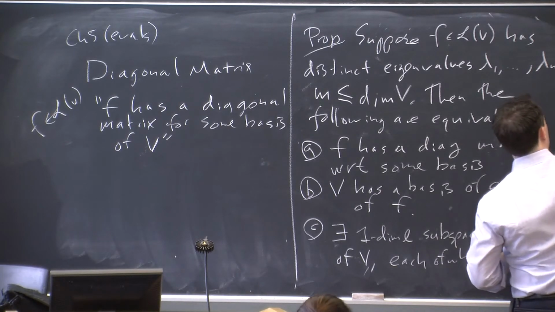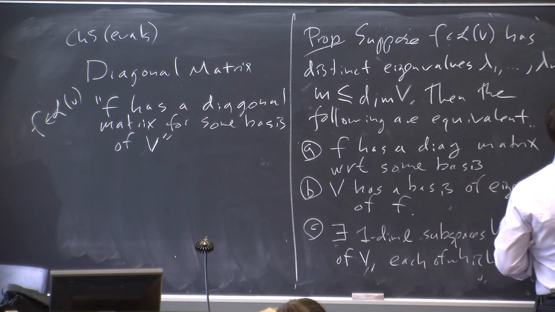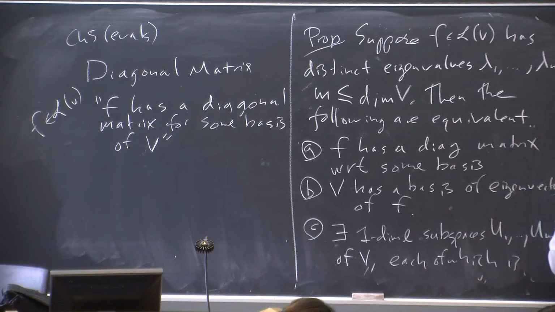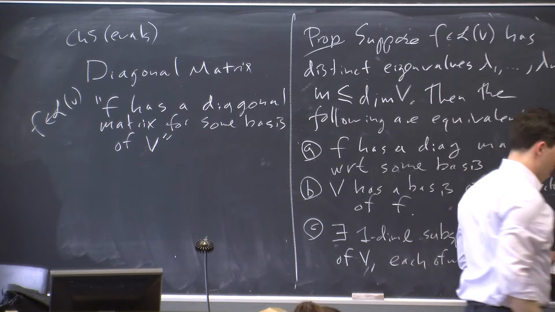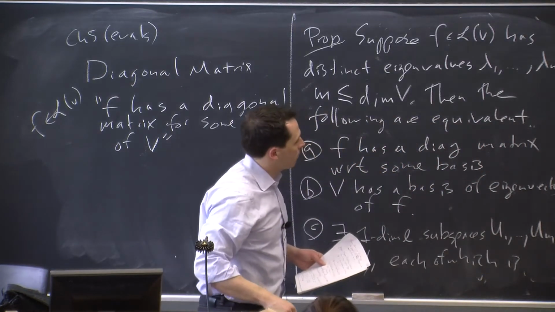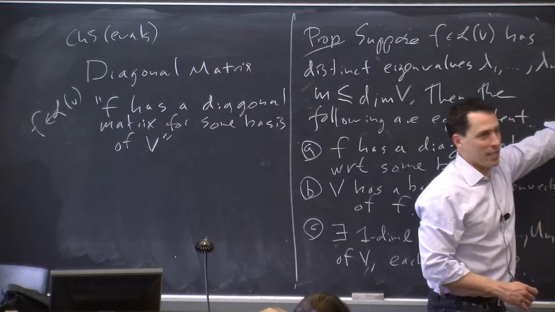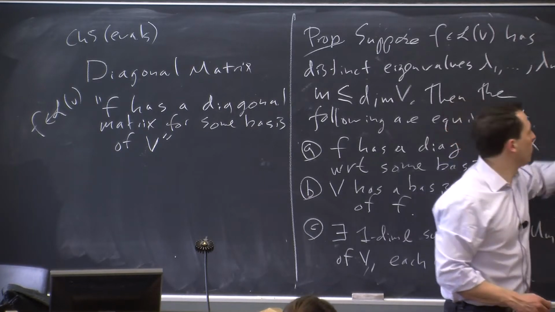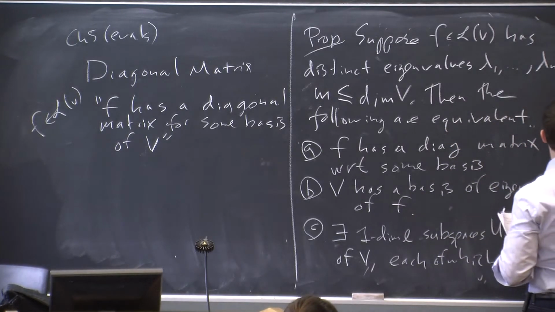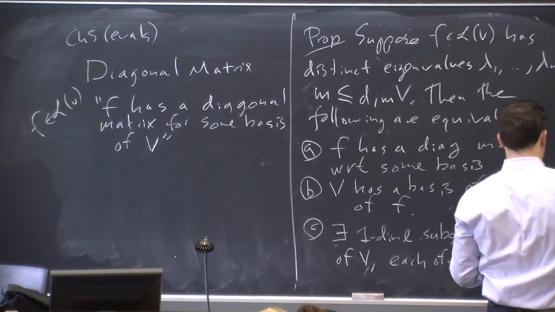And V is not just a sum, but a direct sum of these subspaces. And you remember there's a very tight relationship between the idea of a basis and the idea of a direct sum of one-dimensional subspaces. This is using that relationship.